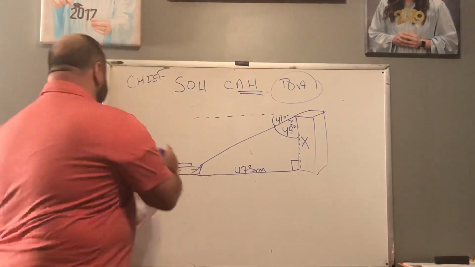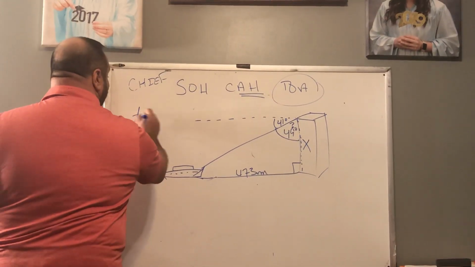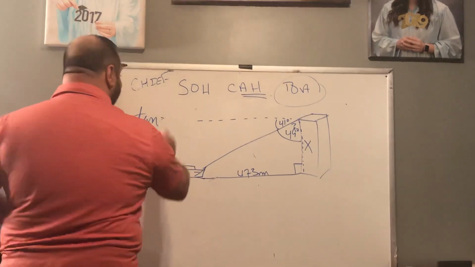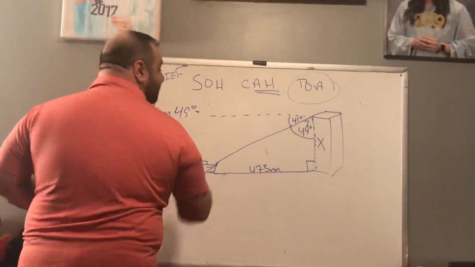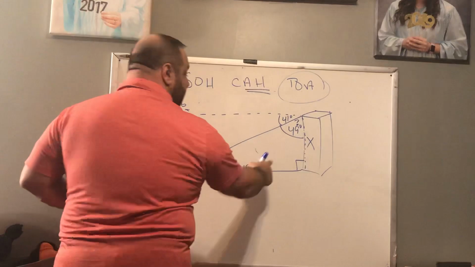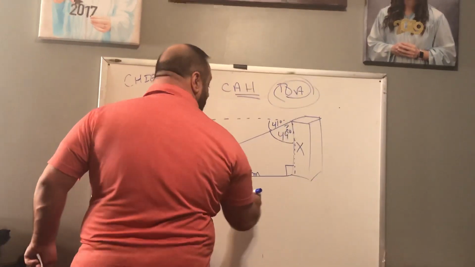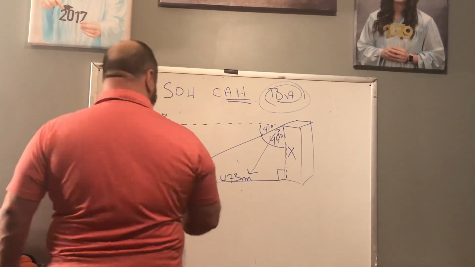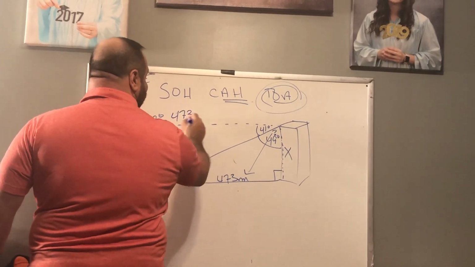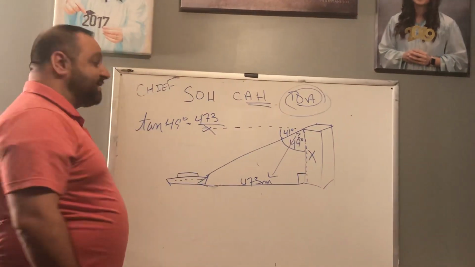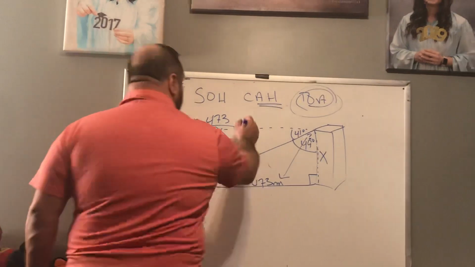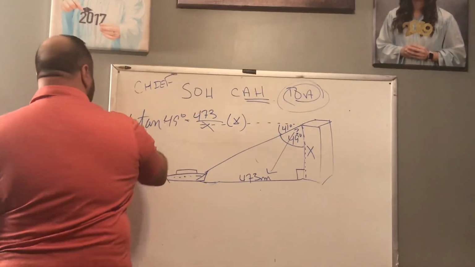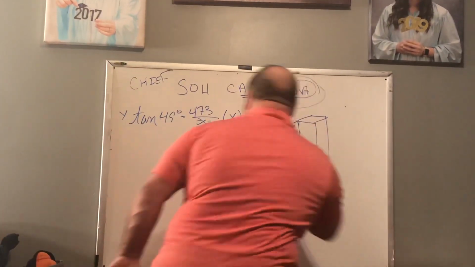So we would use the tangent ratio. The tangent of 49 degrees is equal to opposite over adjacent, so 473 over x.